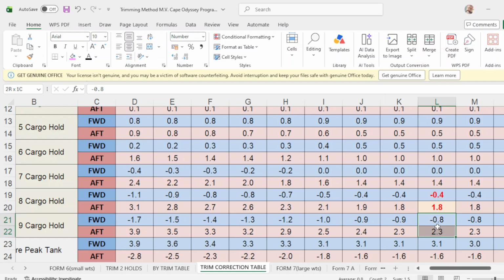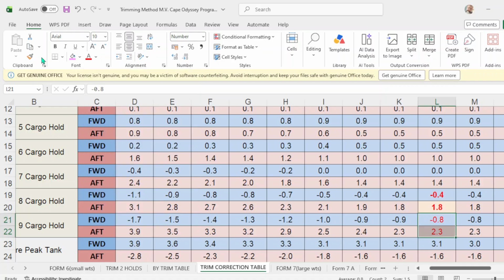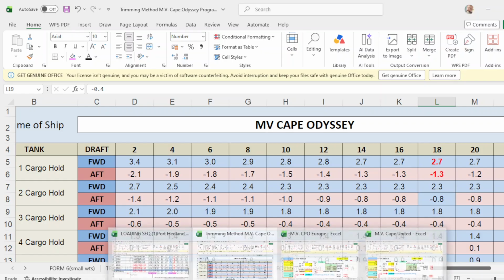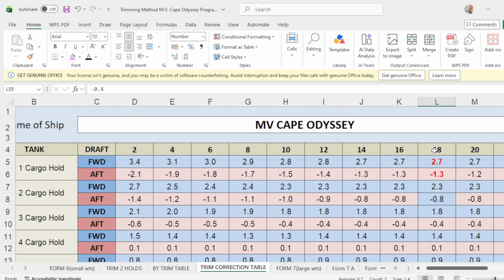Highlight this one, make it red and bold. And this one, make it black, normal. Take note, guys, I choose 18 meters. This is your draft, 2, 4, 6, 8, 10. I use 18 meters. Why? Because your draft here is almost 18 meters. That's why I use the 18 meters here. So this is your forward correction, this is your aft correction in hold number 1.